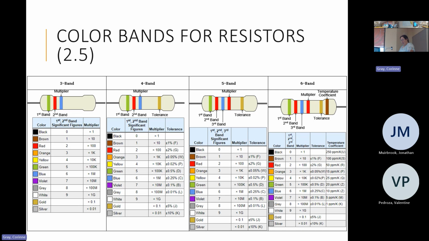So these are the color bands for resistors. In no way, shape, or form am I going to ask you to memorize this. If you look at the packet on page 3, there is an all-encompassing one-picture version of it that's not from the textbook. This is from a resistor company.